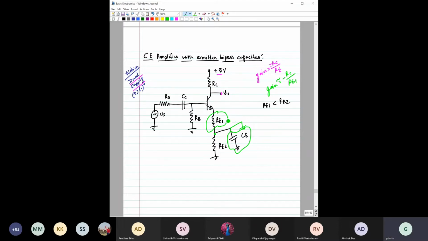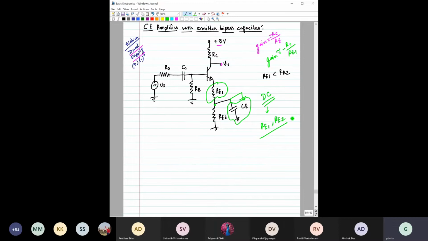However, during DC, what happens? During DC, this capacitor is open circuit. So during DC analysis, you have to consider the effect of both RE1 and RE2. And during AC analysis, it is only RE1 that is going to play a role.